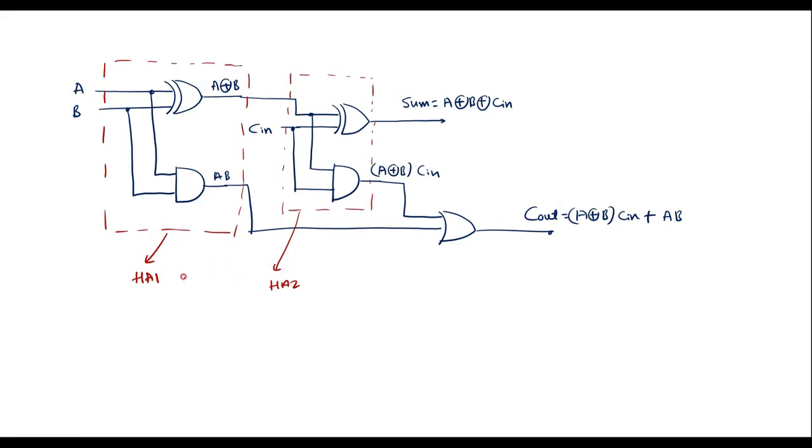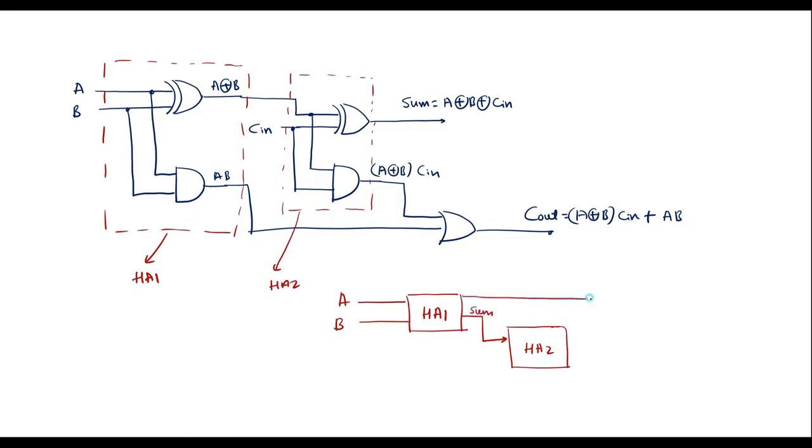So let me draw the block diagram of this. We have HA1, whose inputs are A and B. The sum output of this is connected to another half adder, HA2.